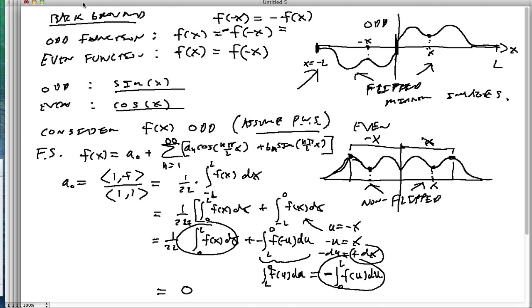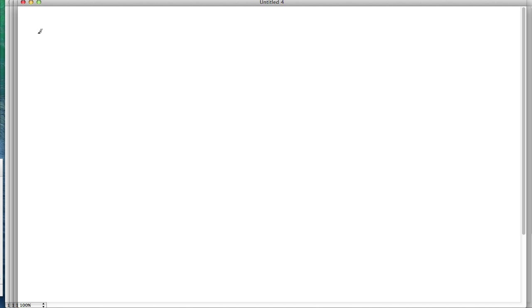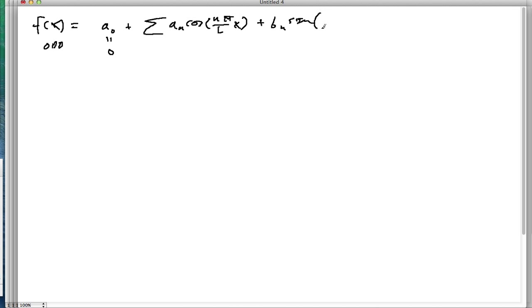All right, likewise, let's do the same thing now with the a_n term. I'm going to have to go to a new page. So f of x, which is odd, is equal to a_0, which we now found out was equal to 0, plus the sum of a_n cosine n pi over L x plus b_n sine n pi over L x, n equals 1 to infinity.